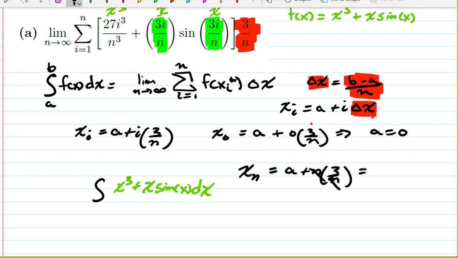Those reduce out, and we get 0 plus 3, which gives us 3, and that's going to be our b value. So we get the integral from 0 to 3 of x cubed plus x sine x.